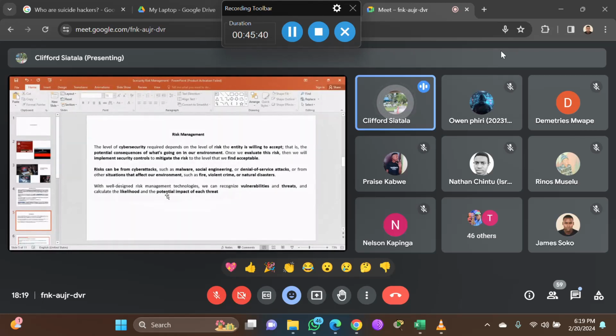Risk can be from cyber attacks. Cyber attacks are a wide range, such as malware, social engineering. Although social engineering is not really an attack, it is just like a seduction kind of thing. They are trying to attract you, to defraud you. That's social engineering. You are tricking people inside the organization to release information or passwords and usernames.